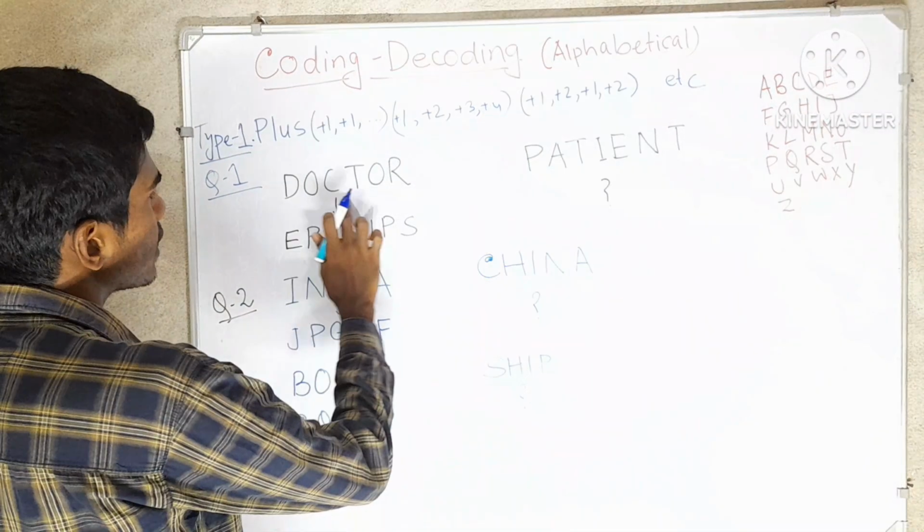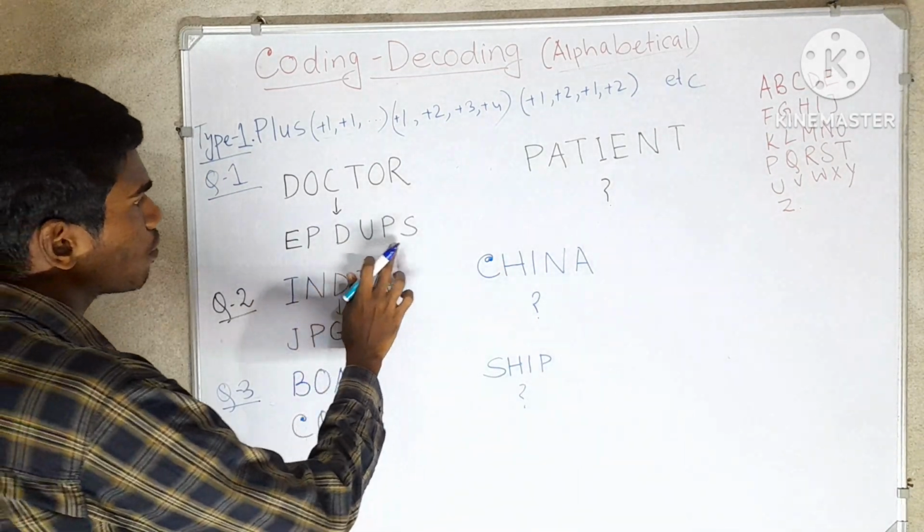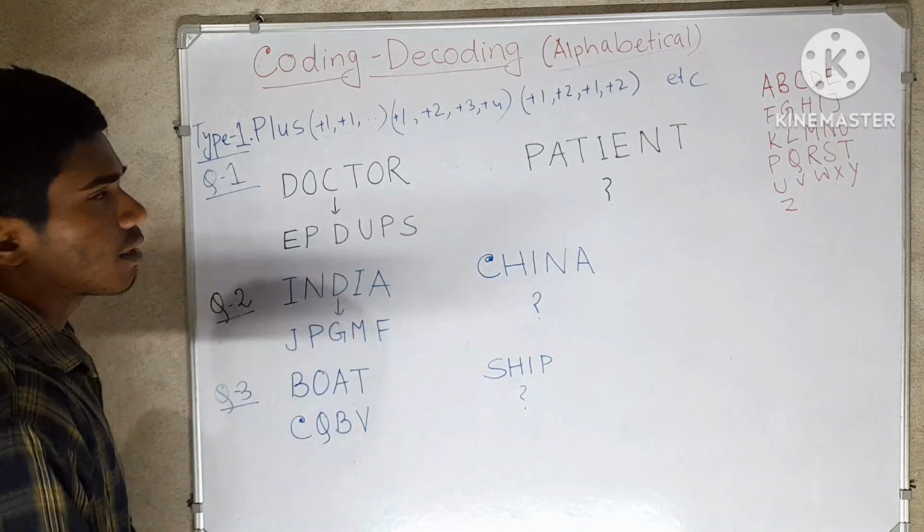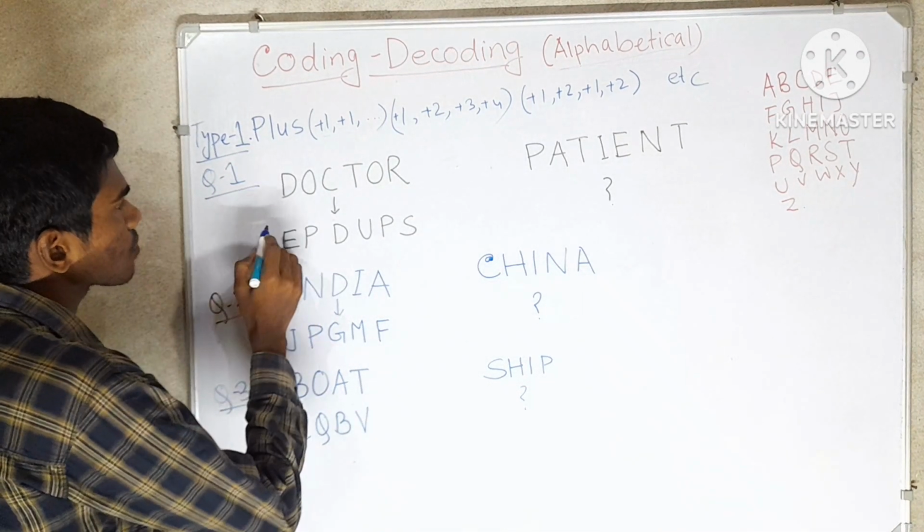Suppose doctor is coded as EPDUPS. Then what is the code for patient? Let's see.